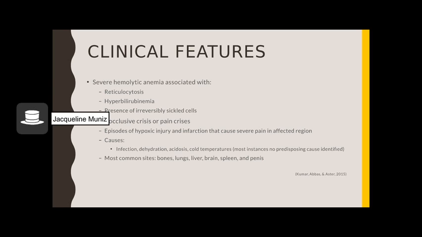Kumar, Abbas, and Aster explain that sickle cell disease causes a moderately severe hemolytic anemia that is associated with reticulocytosis, hyperbilirubinemia, and the presence of irreversibly sickled cells. Its course is punctuated by a variety of crises.